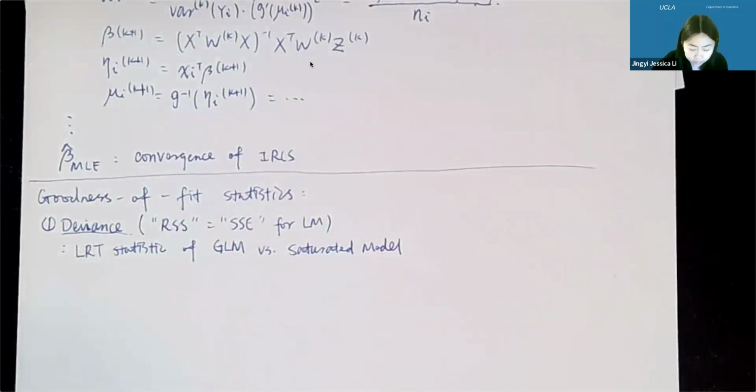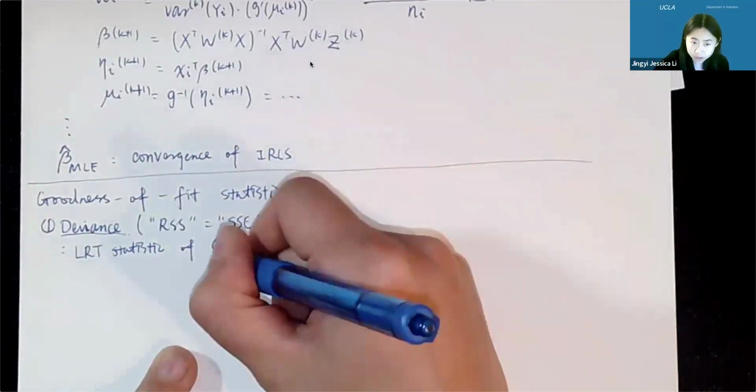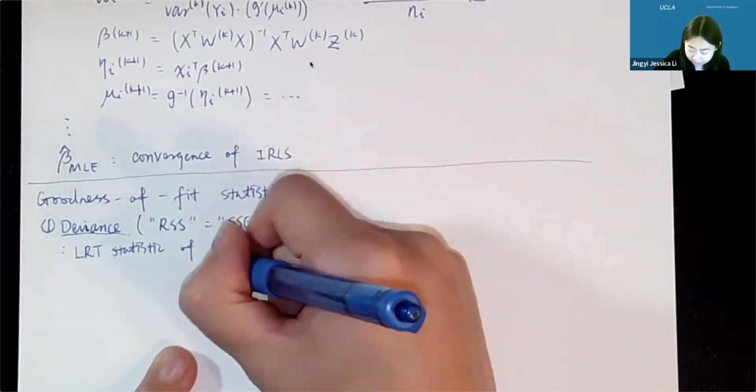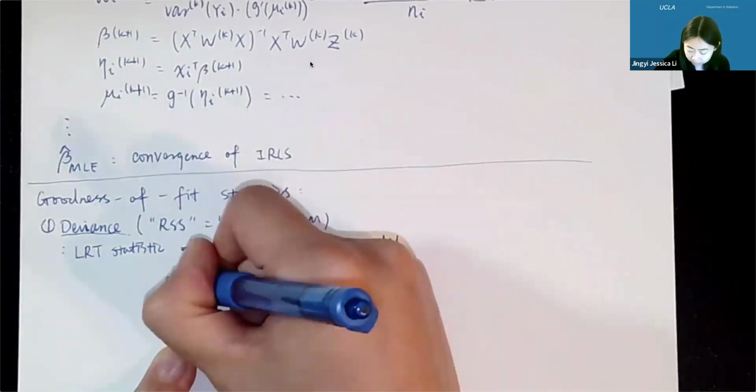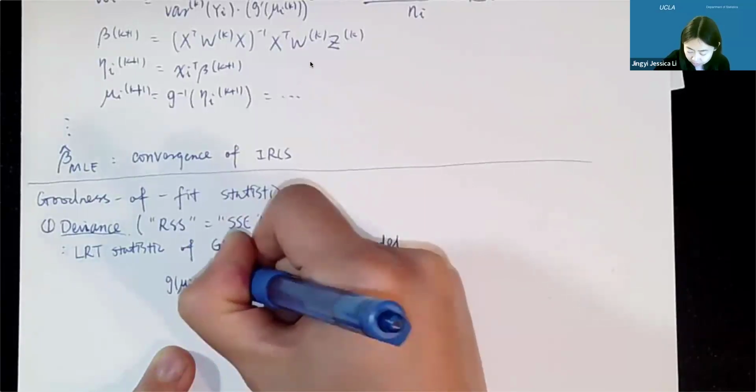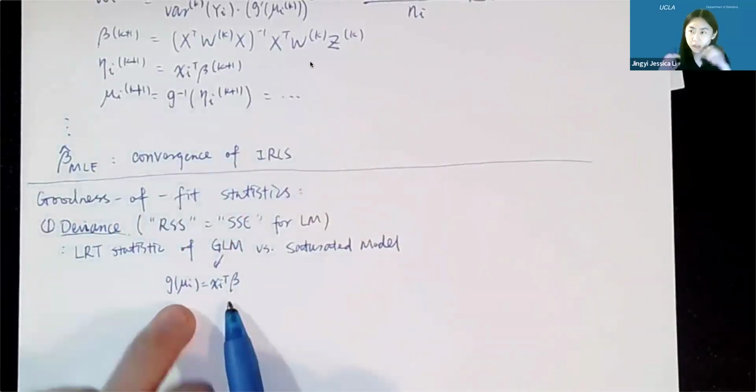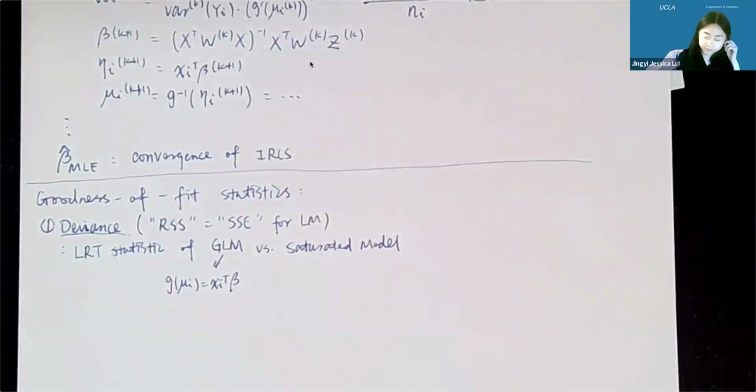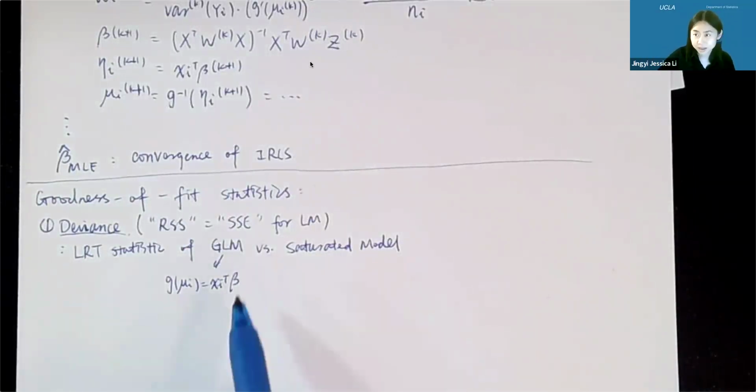In the generalized linear model, you have this assumption that g(mu_i) is x_i transpose beta. This is called information borrowing across your n observations, because even though your n observations have different x_i's, they share the common beta. And this common beta determines their different mu_i's. So their mu_i's are tied together by this common beta.